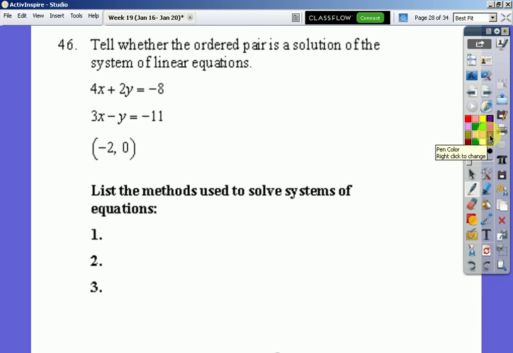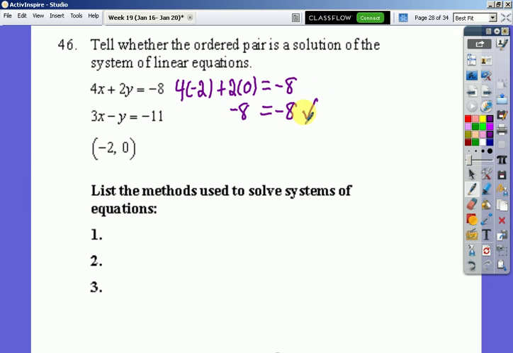All you're doing is plugging in -2 for x and 0 for y, and you're seeing if that gives you -8. And it does. -8 equals -8. That's a true mathematical statement, so yes, that'll work. The next one, plug in -2.